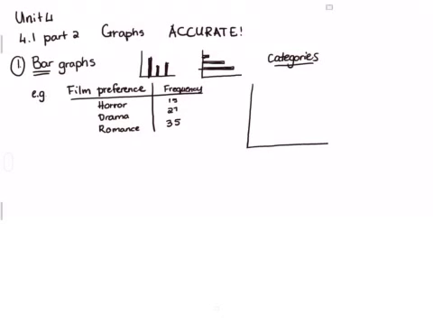Then these are my axes, which are the ones that here I'm going to, even though this is my categories part, and you've got to label your graphs, you've got to tell me what you're showing me here. It's also good to measure it nice in units. This side is going to be my frequency axis.